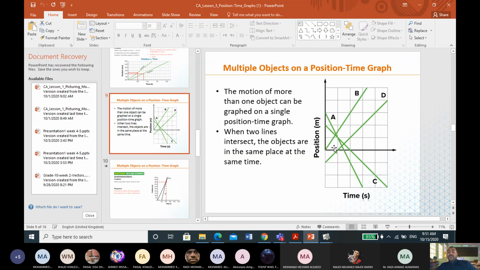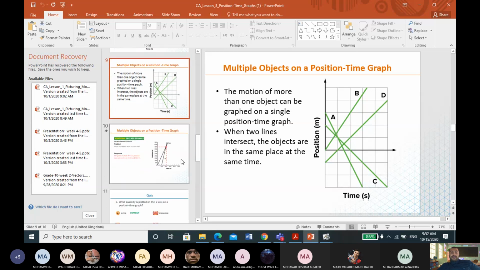But sometimes you can see that the y-axis may be in another orientation, so maybe you can put the y-axis on the horizontal. So here the motion of more than one object can be graphed on a single position time graph. When two lines intersect, the objects are in the same place at the same time. This is so important, guys. In the same place at the same time when the two points intersect.